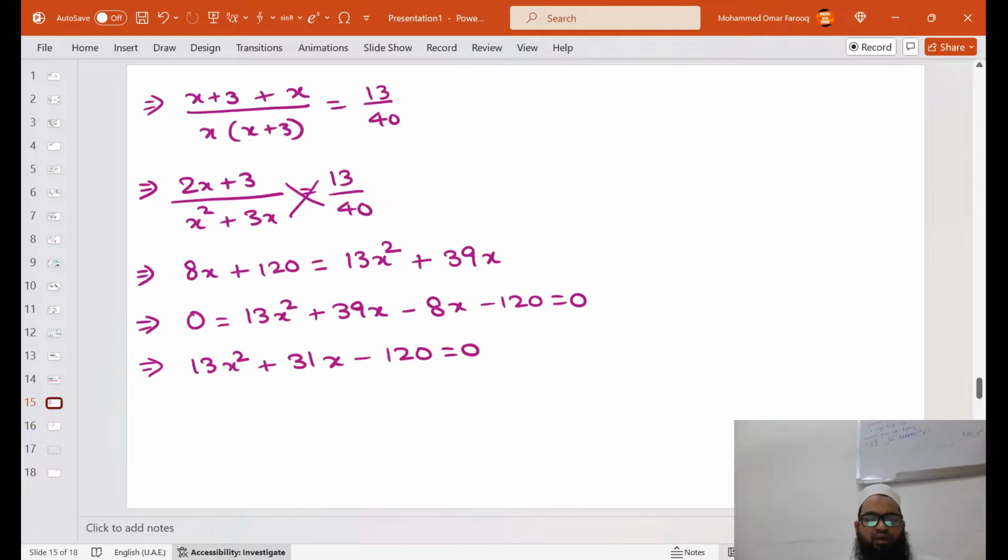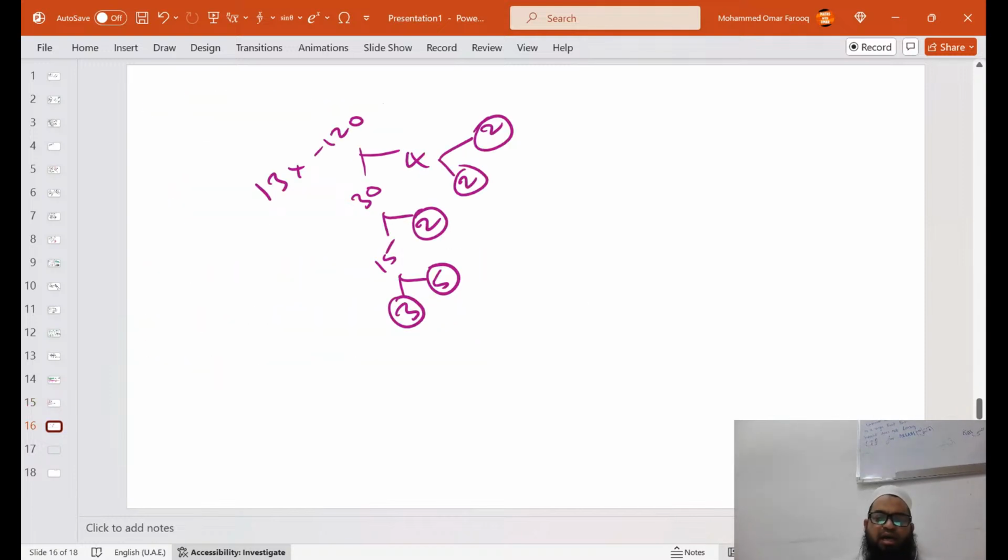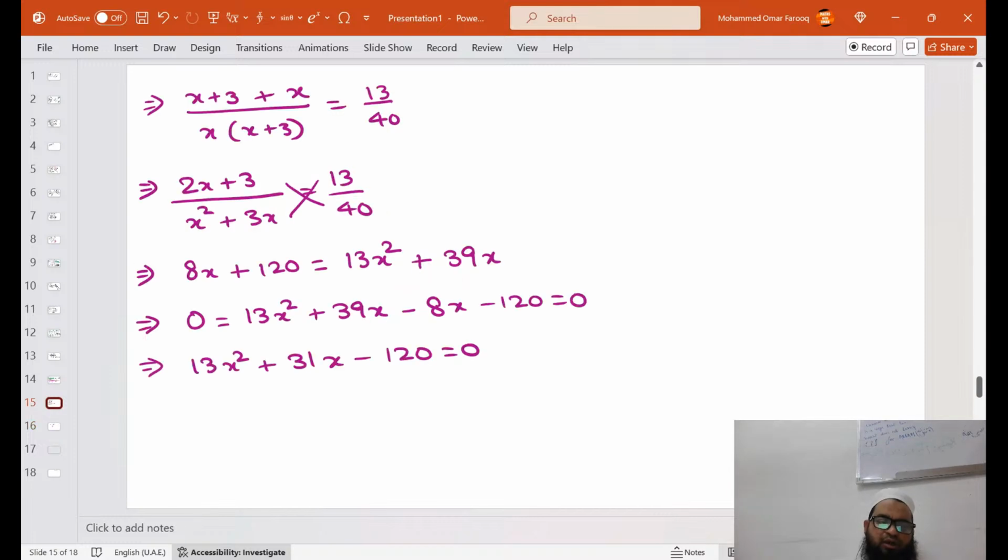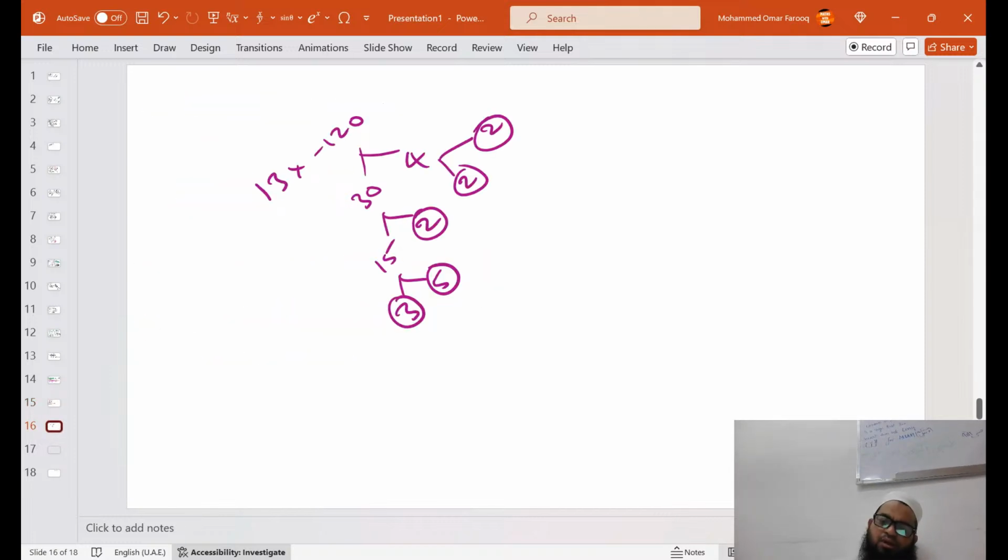All this, if I do, I have to get the sum or difference equal to 13, or 31. So how can I do it? 13 into 2 is 26, 26 into 2 is 52. 52 minus 30 will not work out. Then 15, 2 into 4, 4 into 8, 8 into 3 is 24. No, that will not work. 13 into 2 is 26. 26 minus 30 will not work.